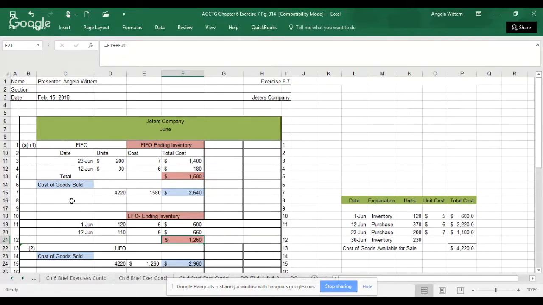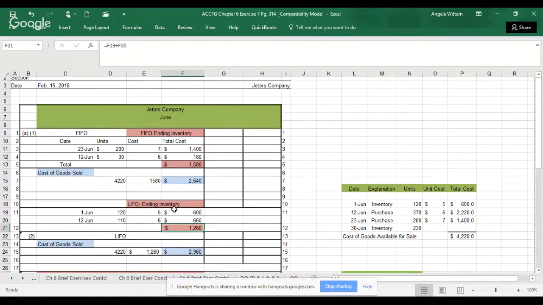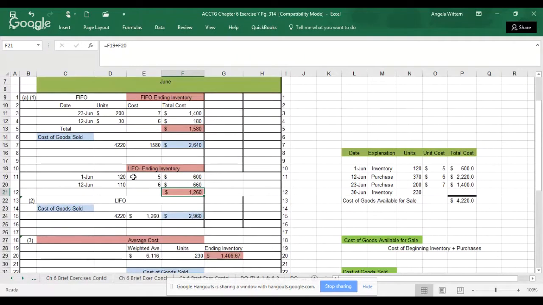In order to get the cost of goods sold, we take the 4,220, which is the costs available for sale. We subtract our ending inventory amount, and we have a total of cost of goods sold under the FIFO method, $2,640.